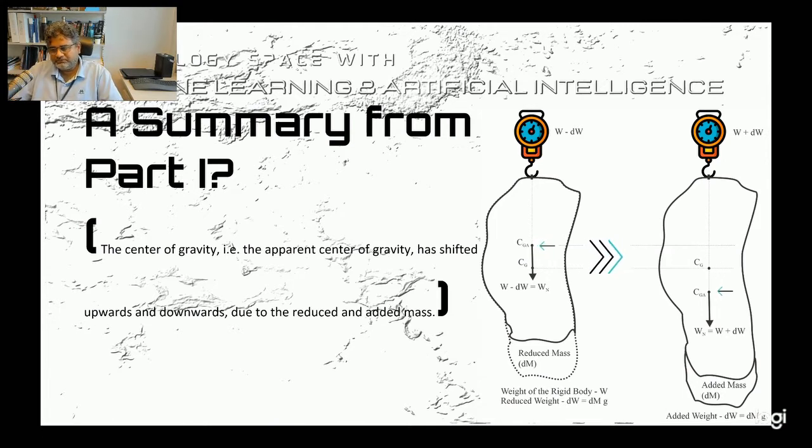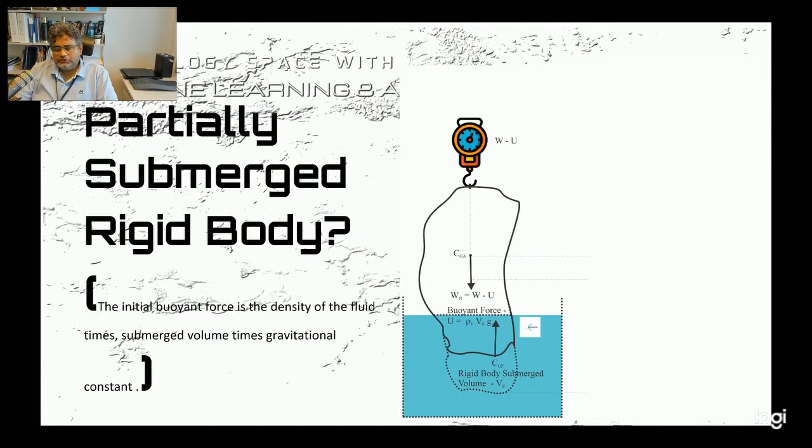Because of that, we were introducing this new concept of apparent center of gravity in that video. We're going to discuss this added mass situation in more detail in this second video of this series. So let's recapture a little more information from the previous video.